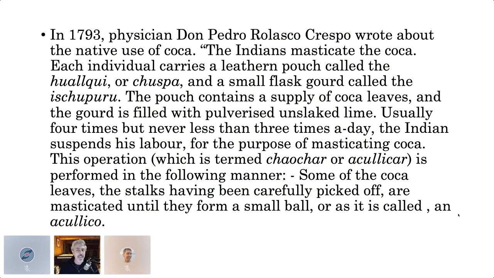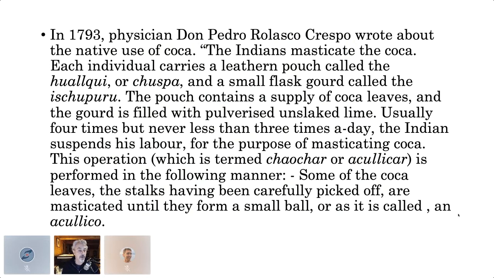The Indians masticate the coca. Each individual carries a leathern pouch called the hualqui, or chuspa, and a small flask gourd called the ishupuru. The pouch contains a supply of coca leaves, and the gourd is filled with pulverized, unslaked lime. Usually 3 or 4 times a day, the Indian suspends his labor for the purpose of masticating the coca.